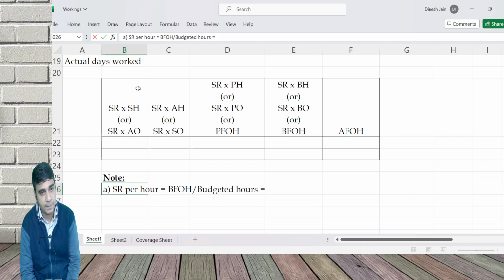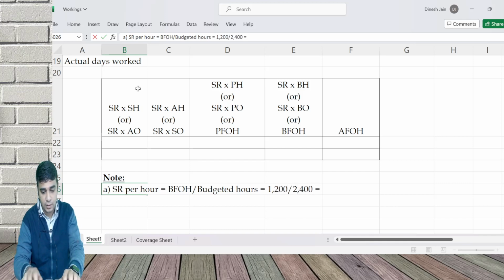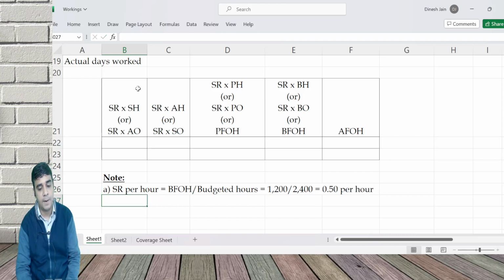What's the budgeted fixed overhead? 1000. Budgeted hours 2000. SR per hour is 0.50 per hour.